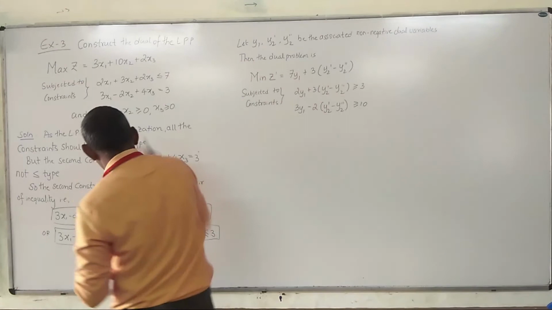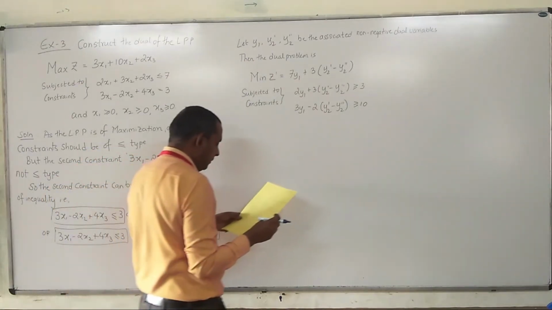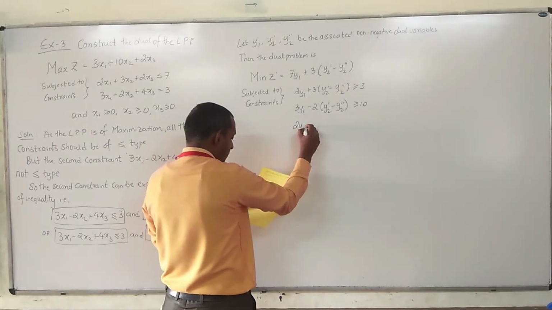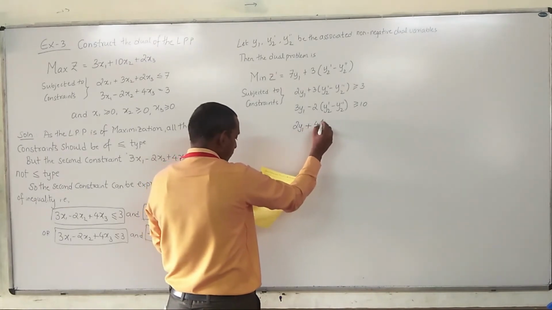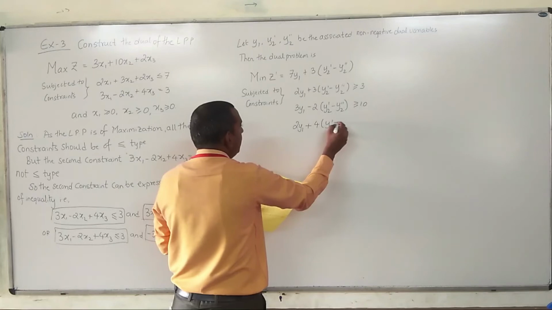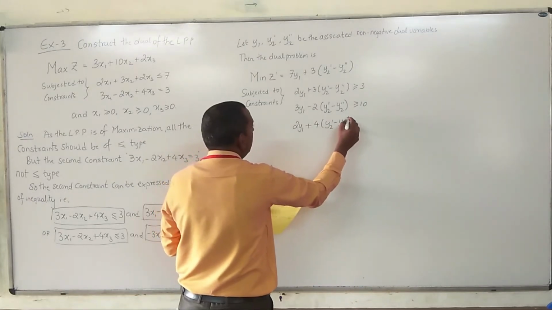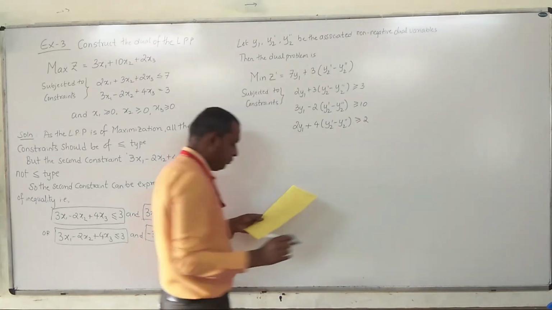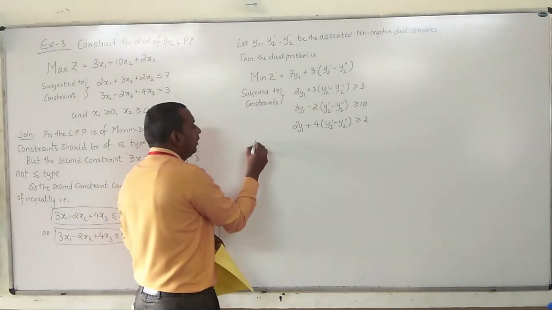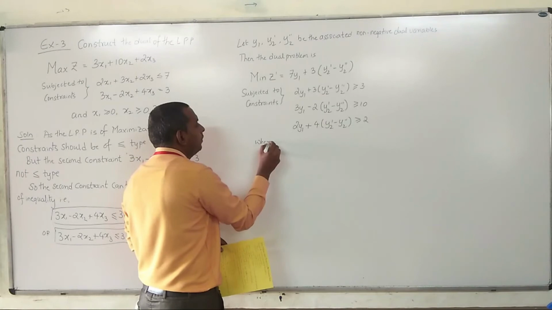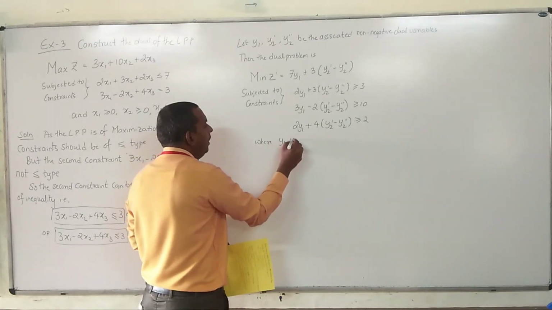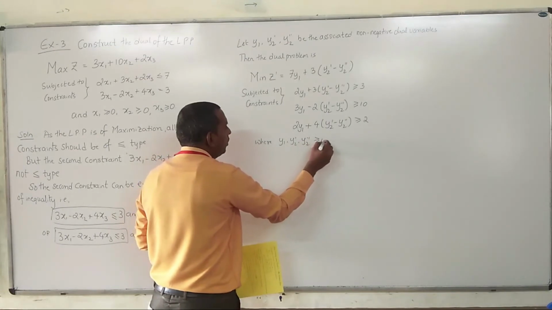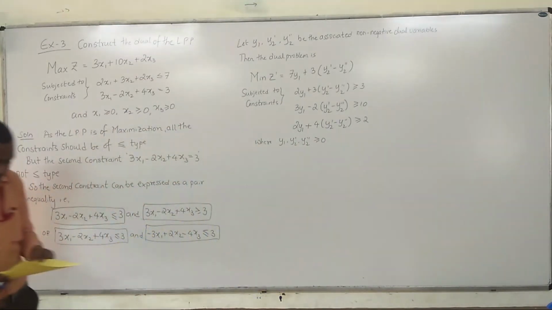And the last, 2y1 plus 4 into y2 dash minus y2 double dash is greater than or equal to 2, where y1, y2 dash, y2 double dash are greater than or equal to 0.